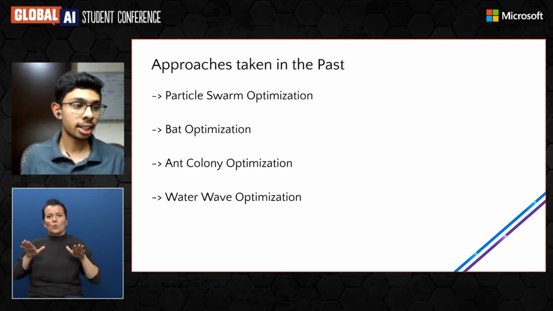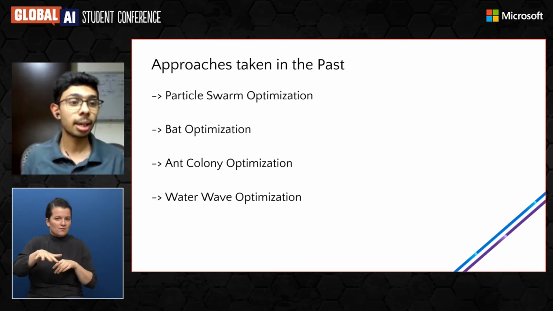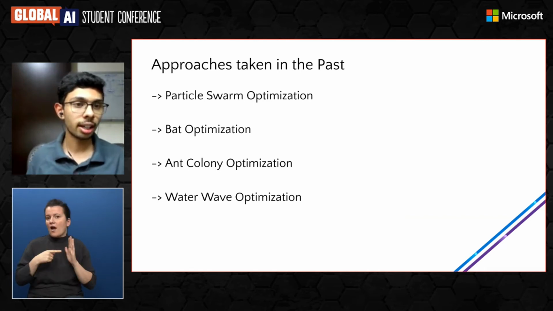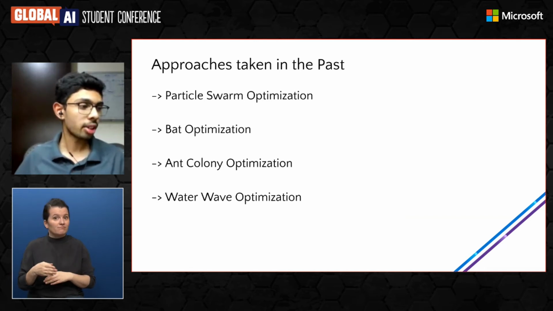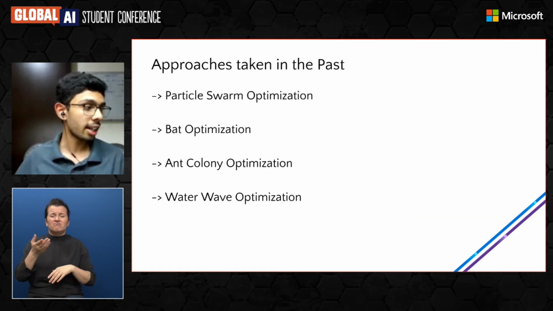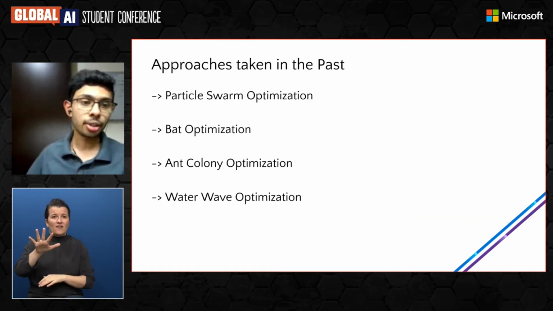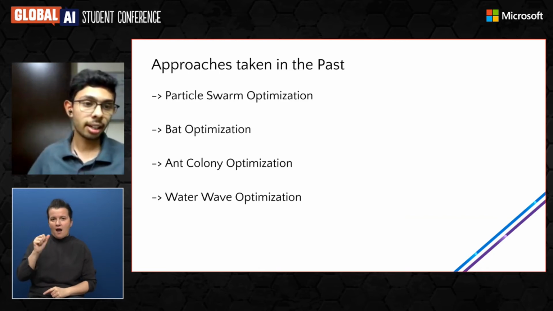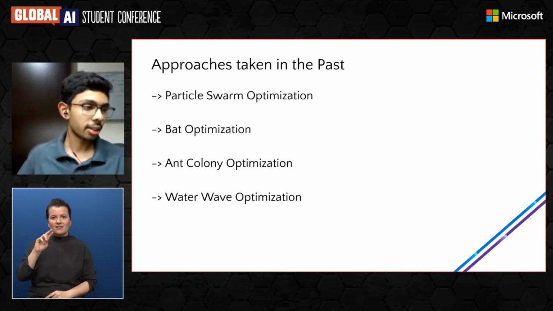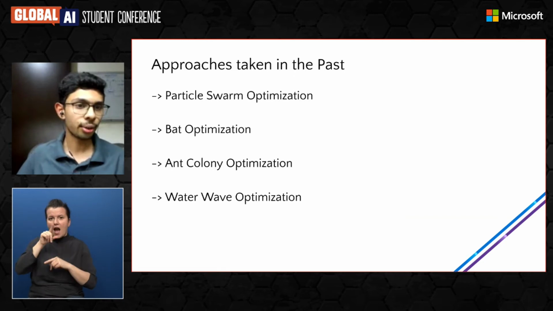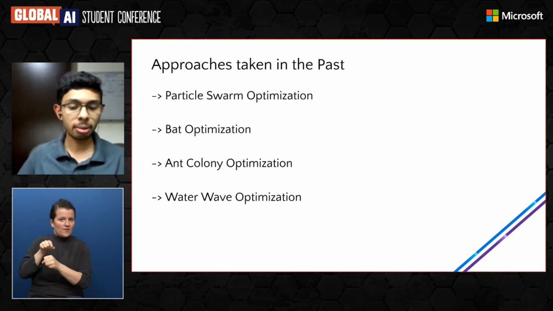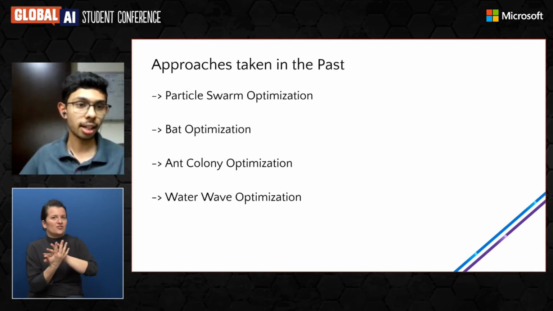So such behavior was displayed not only by birds but even by fishes trying to search for food, and these observations were made in a paper in 1995 by Kennedy and Eberhart. So they made these observations based on these animals on how they try to scavenge for food, and since then, particle swarm optimization has been one of the most popularly known bio-inspired algorithms.